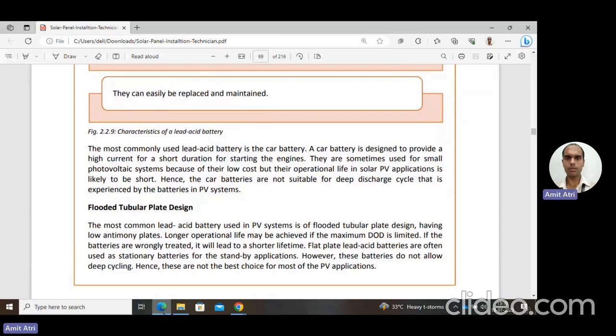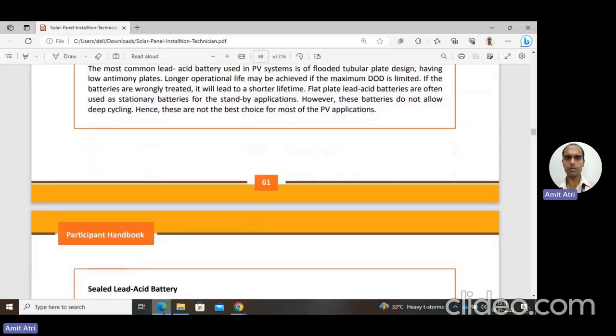Otherwise, if the condition of maintenance is not good, then life will correspondingly reduce. Flat plate lead acid batteries are often used as stationary batteries for standby applications. Although these batteries do not allow deep discharging, they are not the best choice for PV application, because there we need deep cycling.